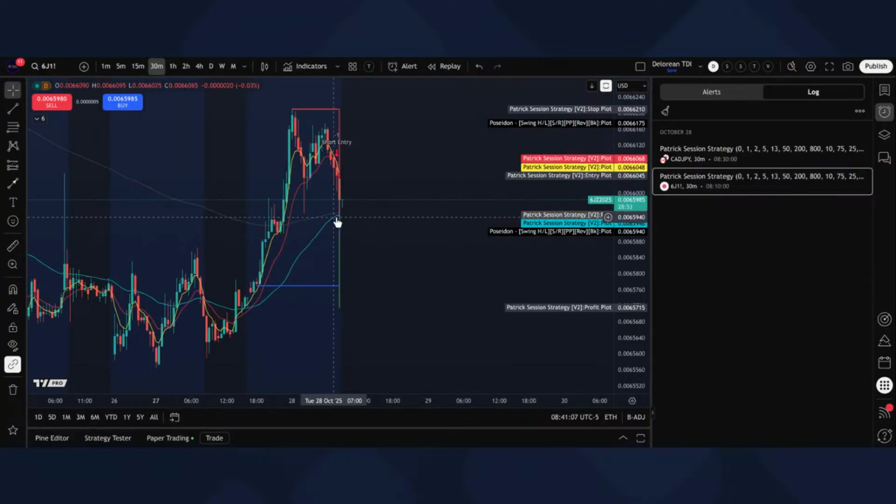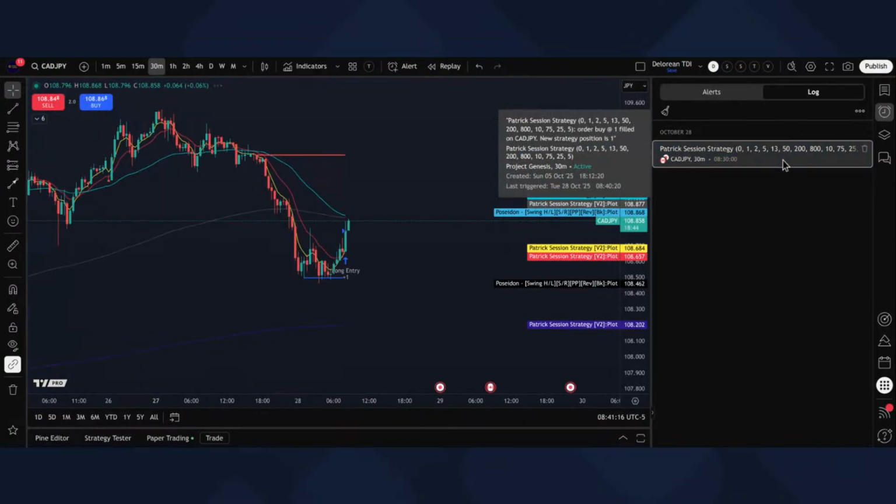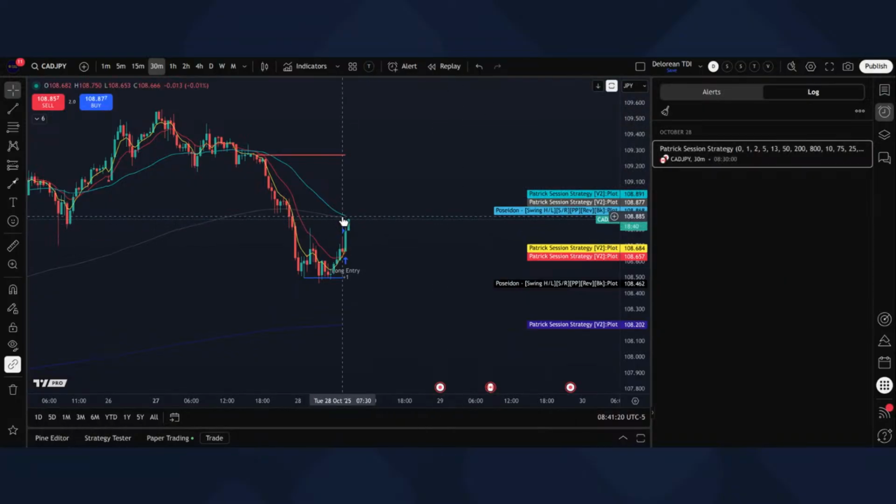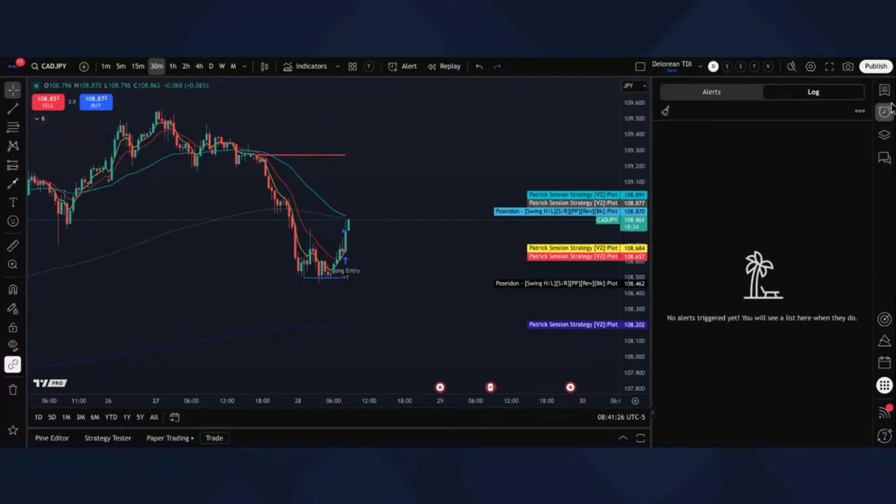Mostly because the EMAs are too close. It gives me pause it's going to use this as support and then take off the other direction. I don't like that at all. We have the same thing on Canadian dollar versus Japanese yen. We need space, so we're not taking that.